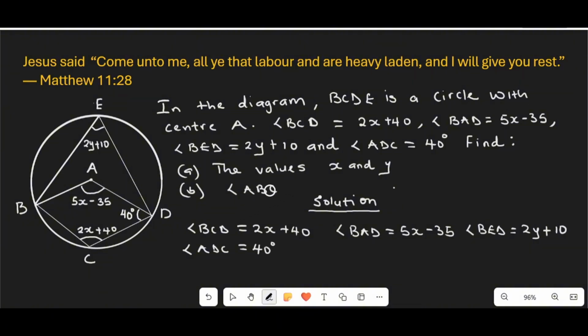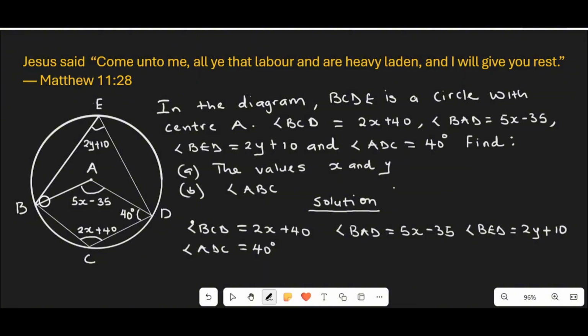And the question says we should find the value of x and y and angle ABC. In a cyclic quadrilateral, opposite angles add up to 180 degrees.